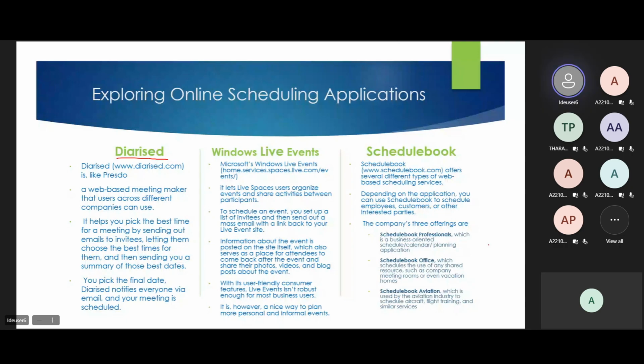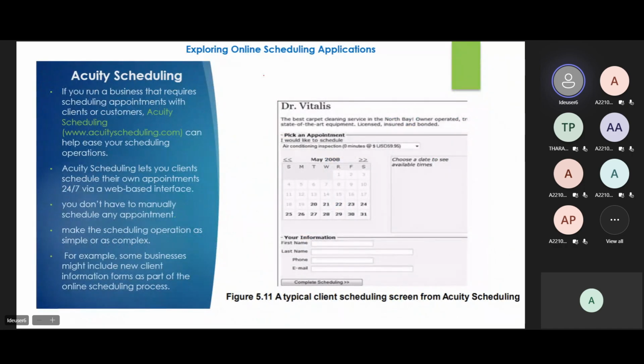Next one is Acuity Scheduling. If you are running a business that requires scheduling appointments with clients or customers, you can use this Acuity Scheduling, which helps you to easily create your scheduling operations. Individuals can use this scheduling application.